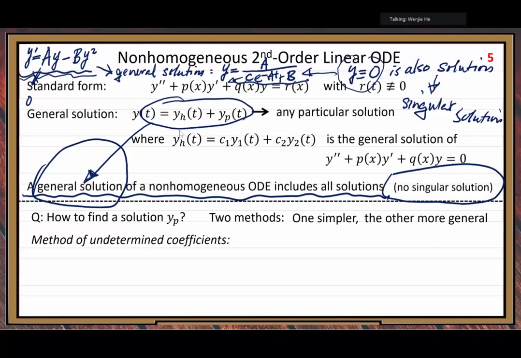We need to derive those coefficients, so we call it undetermined. We need to do calculation to find those appropriate coefficients. It's not too hard. The idea is pretty simple, but pretty effective.